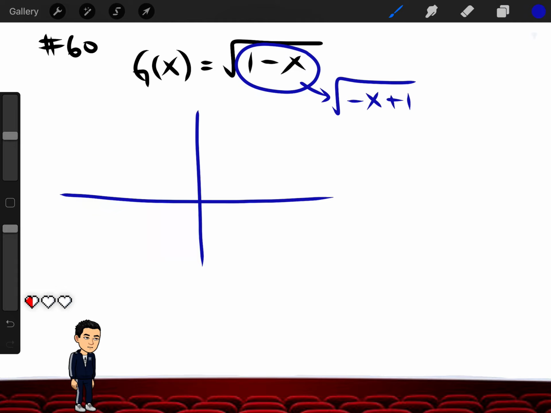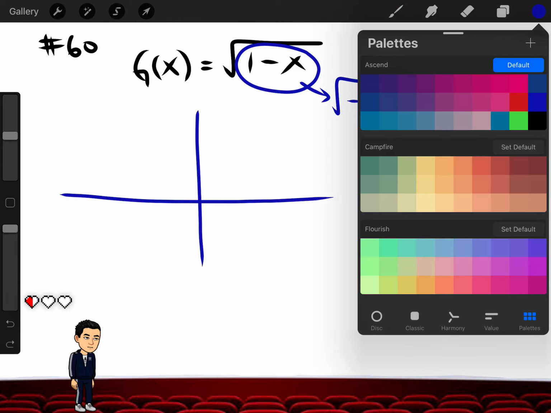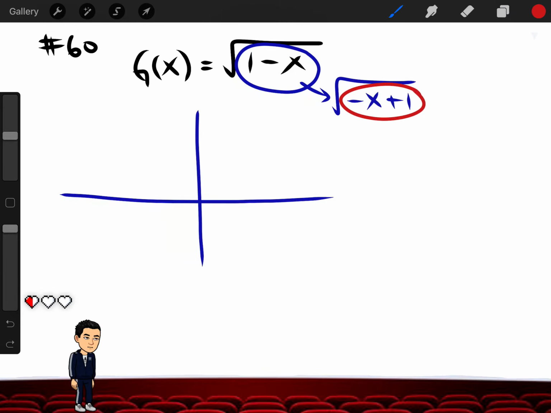The next thing I want to do is set this equal to 0. So negative x plus 1 equals 0, negative x equals negative 1, x equals 1. So you know that this is going to shift towards the right by 1.